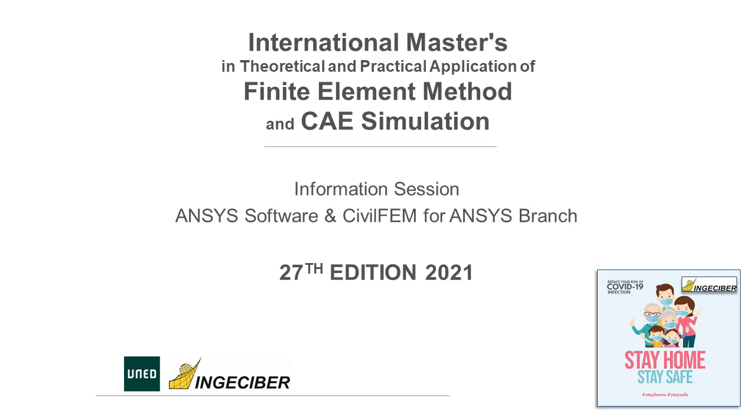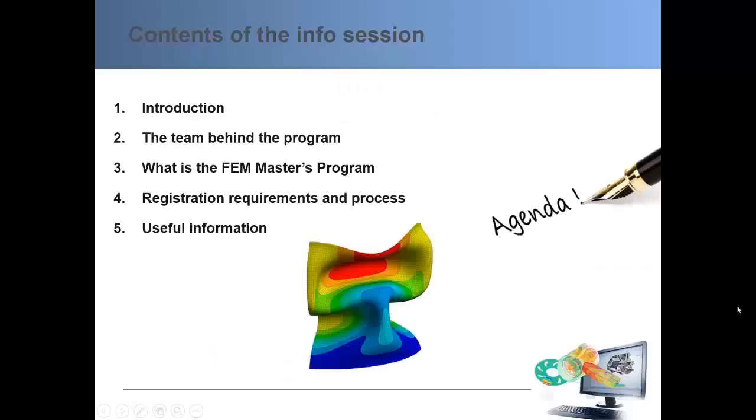We will outline the objectives and structure of the master's program as concisely and clearly as we can. Let's get started. I will cover each of the areas shown on your screen.